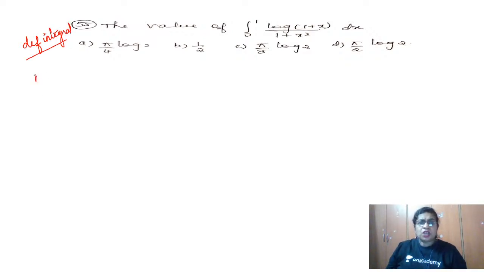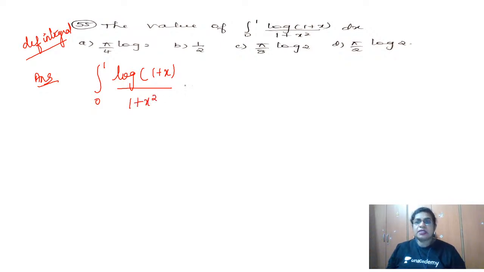So this is a definite integral question. How to solve this: here we have integral 0 to 1 log of (1 plus x) divided by (1 plus x square) dx. Understand this concept: whenever you have 1 plus x square, take x as tan theta.